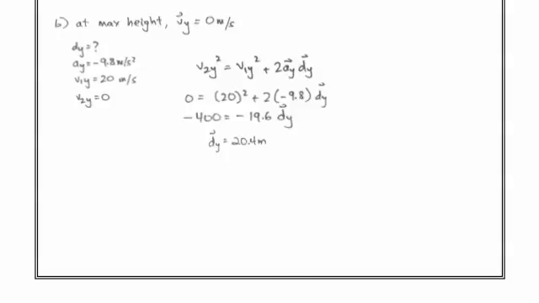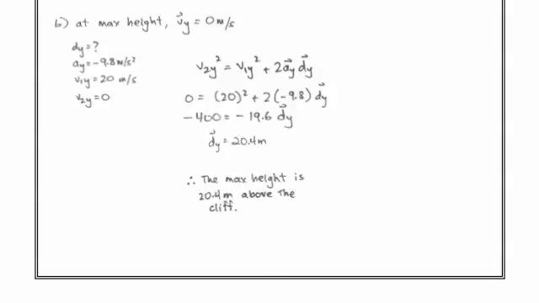And we say, okay, 20.4 meters, where is that in relationship to? Well, it's in relationship to where the ball started its motion. So we say then that the max height is 20.4 meters above the cliff.